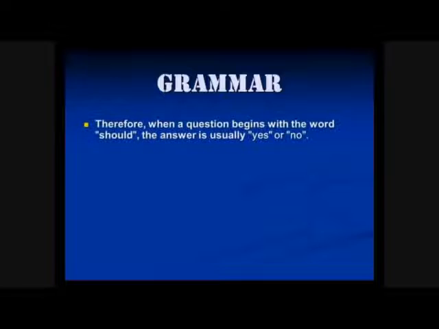Grammar 3. Therefore, when a question begins with the word should, the answer is usually yes or no. Example: should I drink a bottle of soju?